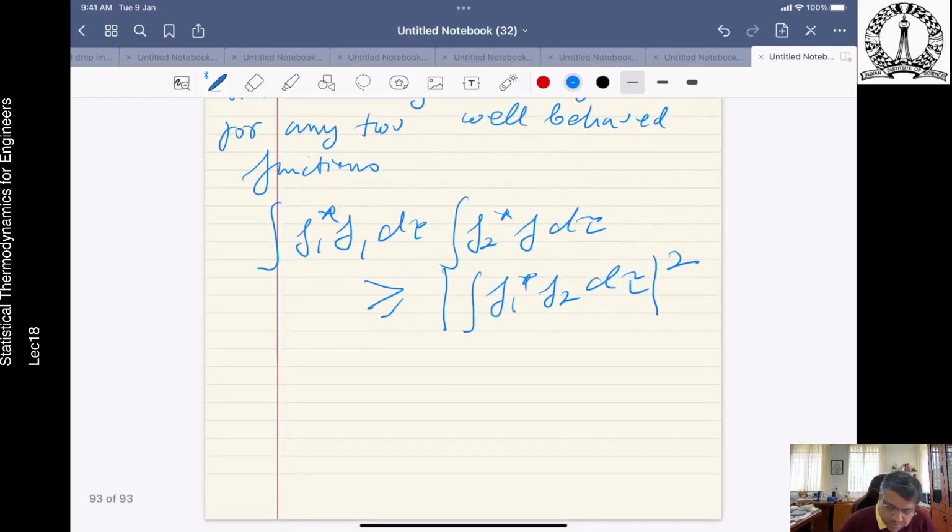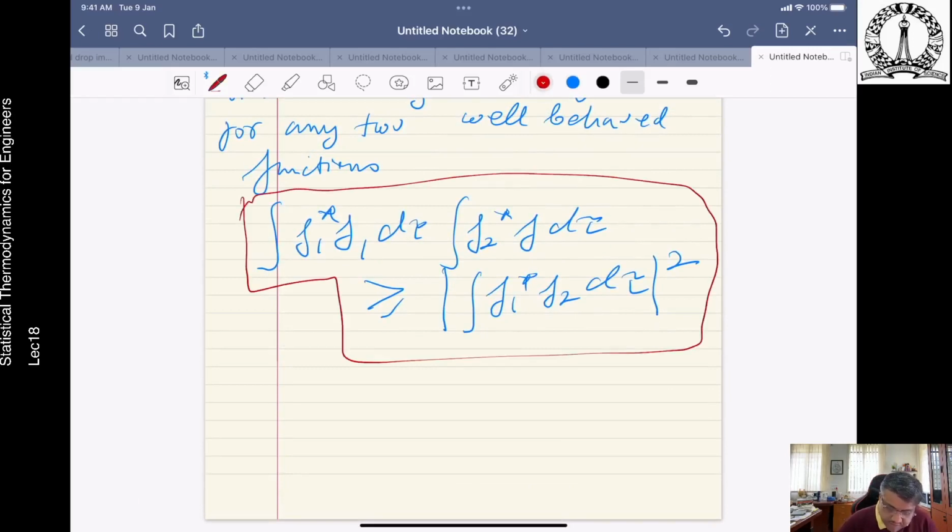So this is the validity of the Schwartz inequality. The Schwartz inequality is important.